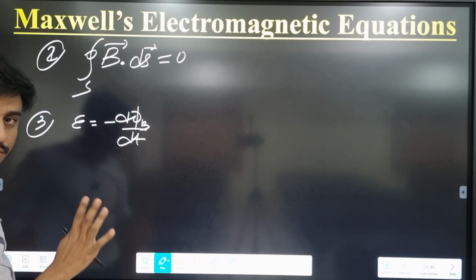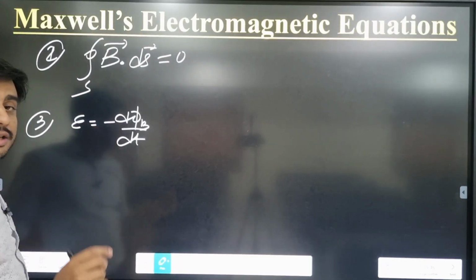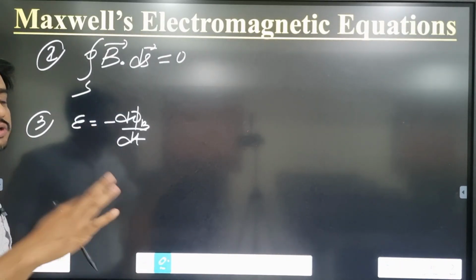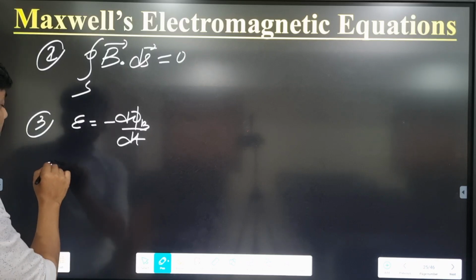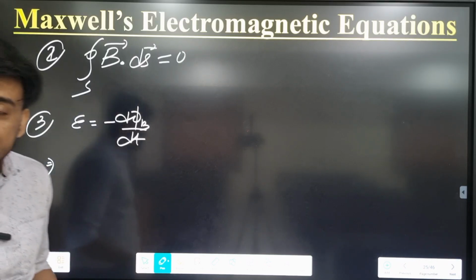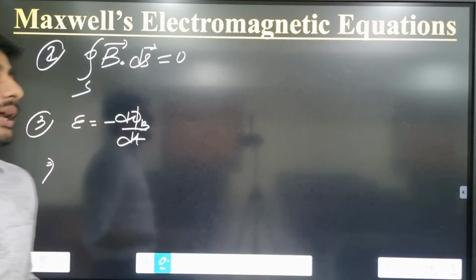This is the original equation, Faraday's law of electromagnetic induction, and the negative sign is from Lenz's law, which means the induced EMF and the flux change are opposite to each other. EMF is nothing but the potential. So we can write the relation between EMF and electric field.